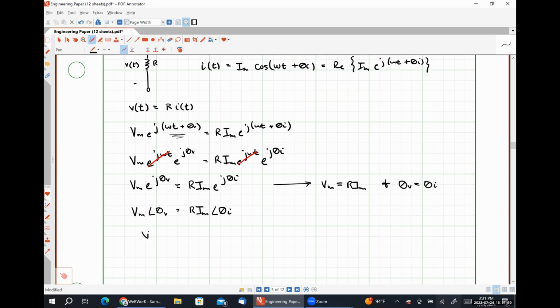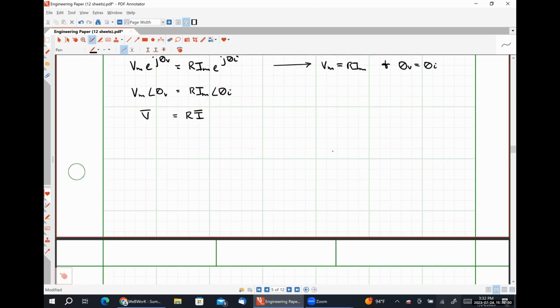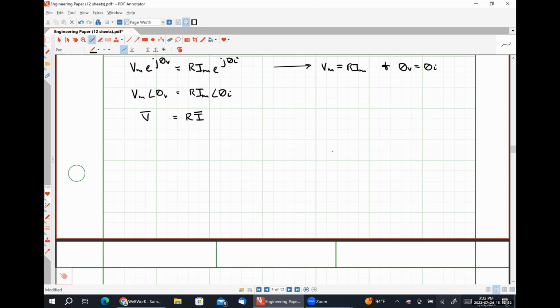Well, this is nothing more than our phasor voltage V is equal to R times our phasor current I. So effectively, Ohm's law in the frequency domain is exactly the same as Ohm's law in the time domain, in DC circuits, in every other representation we have ever seen or will ever see. Ohm's law is just Ohm's law. Okay. So this is one of our starting points. Now let's look at what happens when we have an inductor.